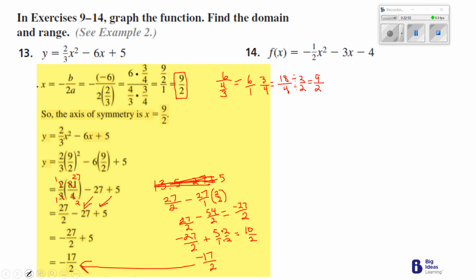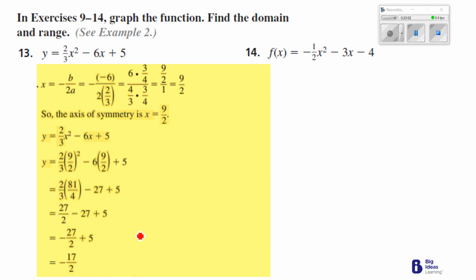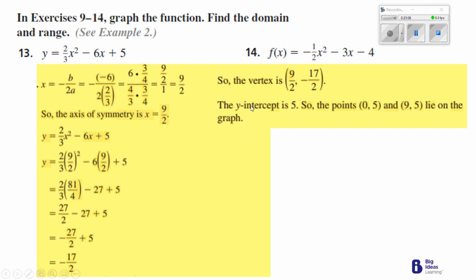Let's go ahead and erase all this. And now we're going to graph it. Remember, the vertex is 9 over 2 and negative 17 over 2. We know it crosses at 5, right? So let's see, if the axis of symmetry is 9 over 2, the y-intercept is 0, 5.